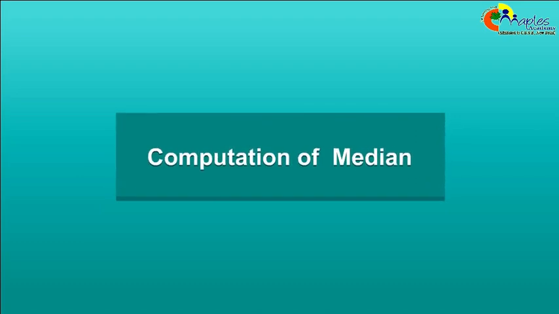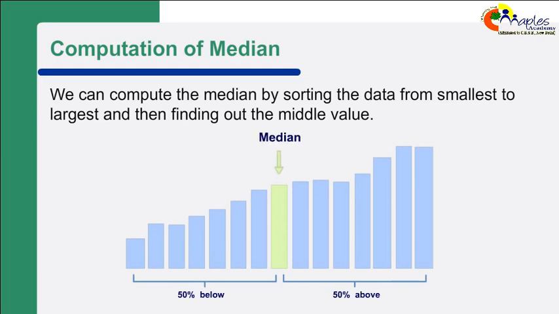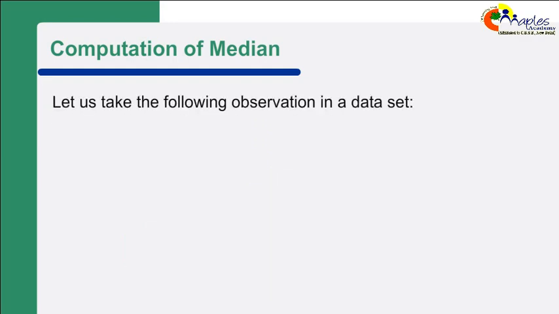Computation of median. We can compute the median by sorting the data from smallest to largest and then finding out the middle value. Let us take the following observation in a data set: 5, 7, 6, 1, 8, 10, 12, 4, and 3.